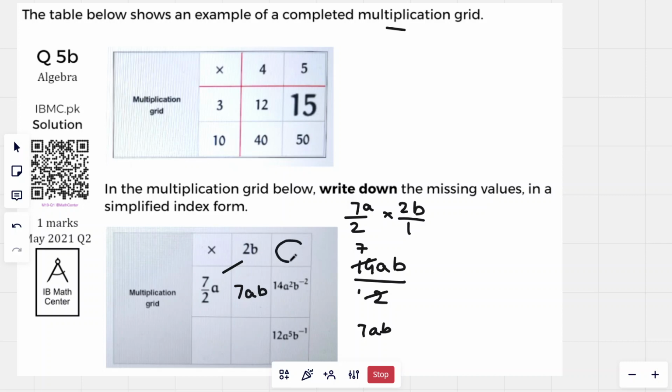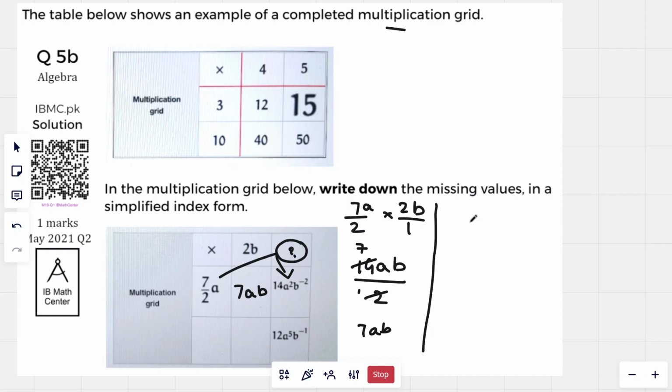Now we have a twist here. Let's try and find out this number. Whatever this number here, or whatever variables are going to be here, those multiplied by 7 over 2a will give us 14a squared b to the power negative 2. Right? Let's look at this again.